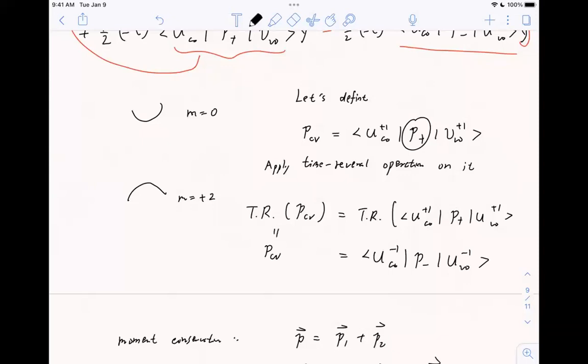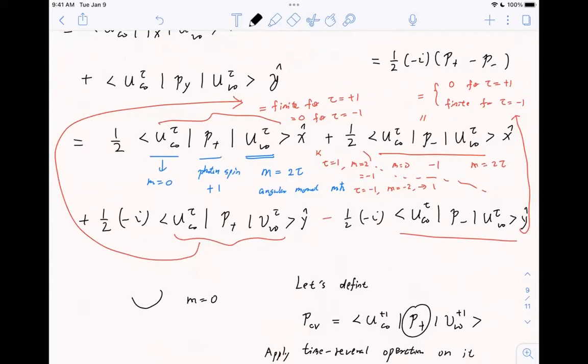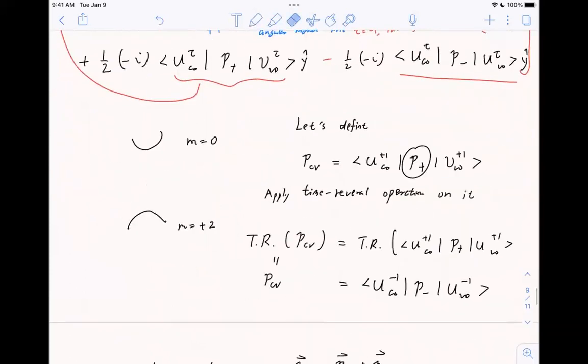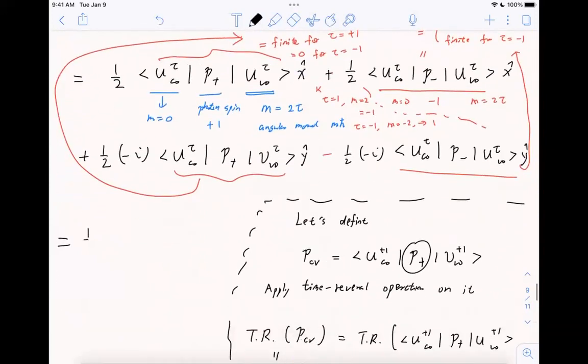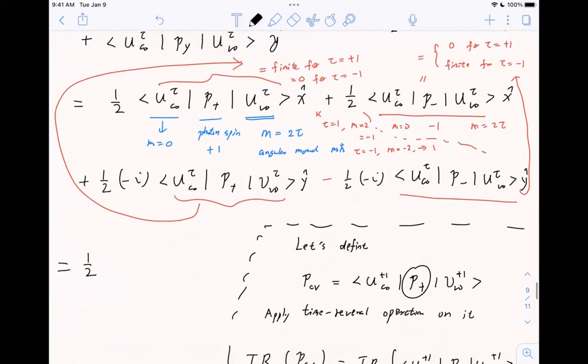Okay, so what is this? That means this whole thing will become 1/2 PCV. This is PCV, right? Plus 1 is PCV. If you get minus 1, you get this.